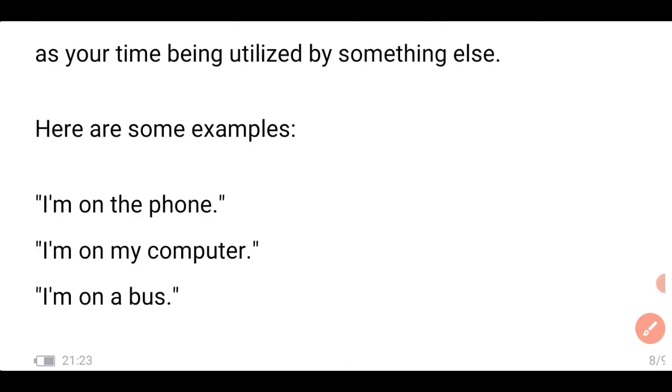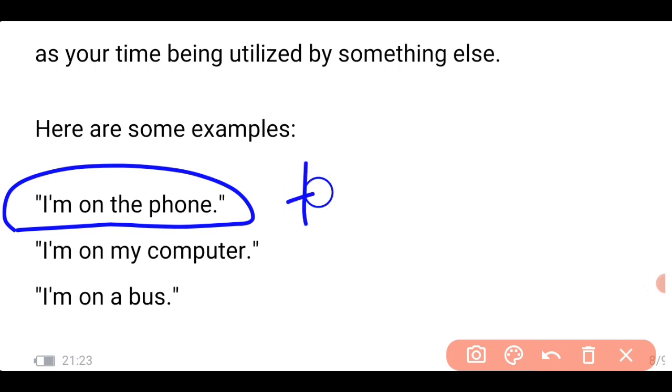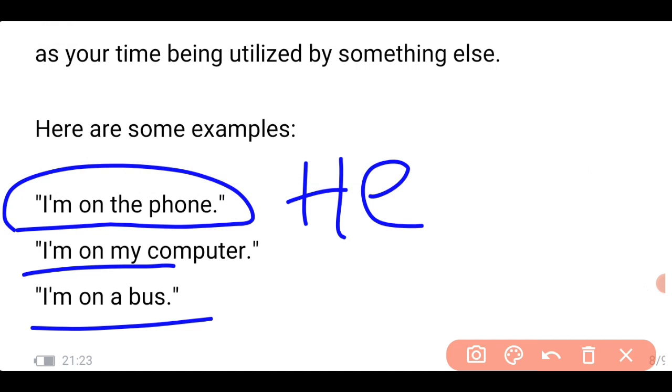Here, I'm on the phone. Here you can say he is on the phone, right? I'm on a computer. Here you can say he is on the computer. I'm on a bus. He is on a bus, right? Just apply all these he, she, it and they, we and you with all the sentences, right? Just change them, try to practice them, then you will learn a lot.